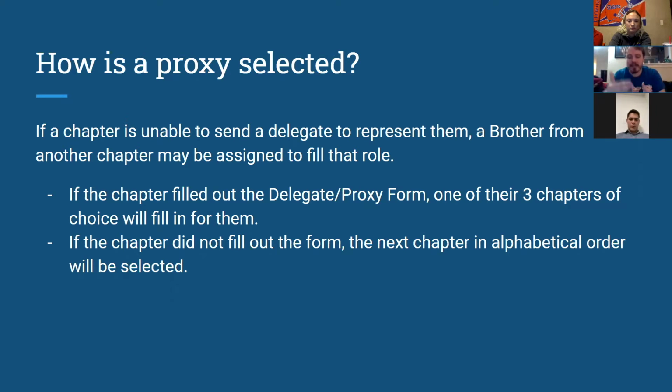That's done until every single position is filled, as long as every single active chapter has somebody serving as a delegate or as a proxy for them. A chapter, unfortunately, can only have 3 delegates serving as their own delegates and 2 proxies for any chapter.